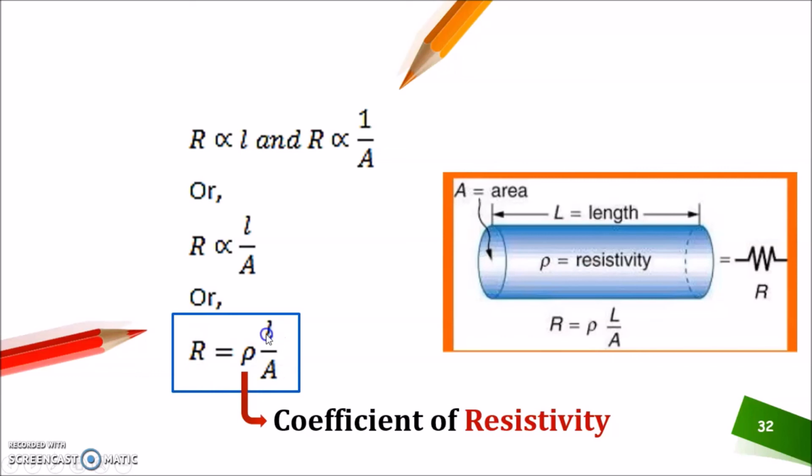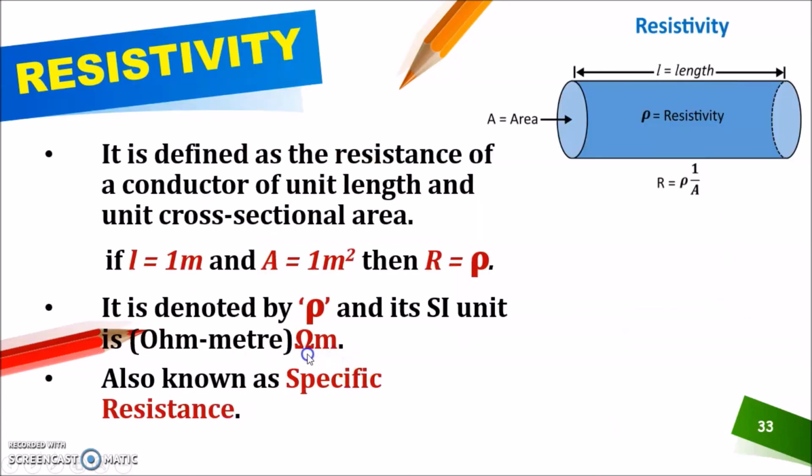So meter and meter square, one m is eliminated by this m square. So here we have only m, and this m goes here, multiplied with ohm. So the SI unit of resistivity will be ohm meter.